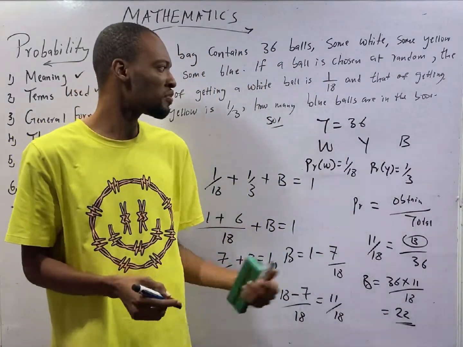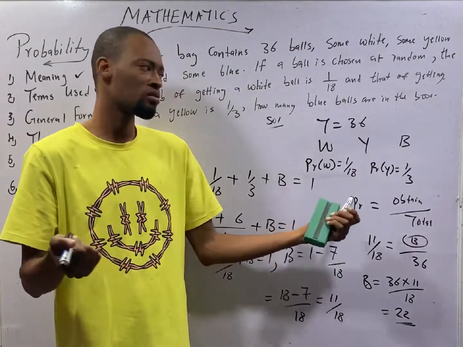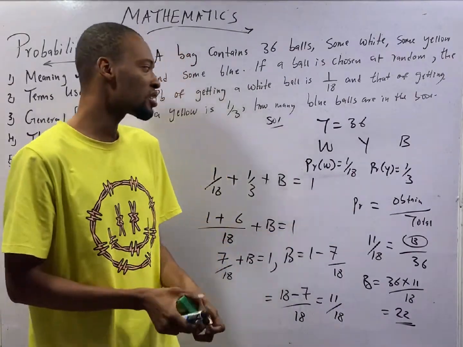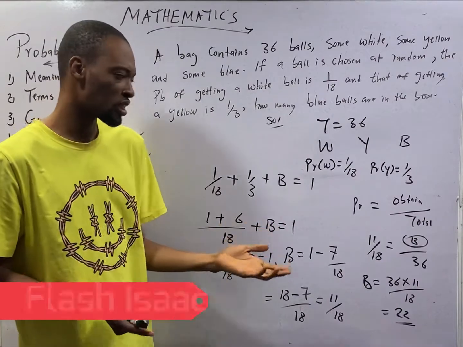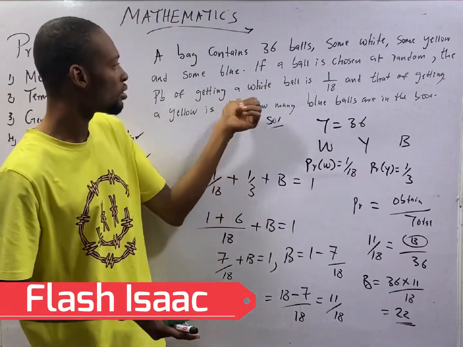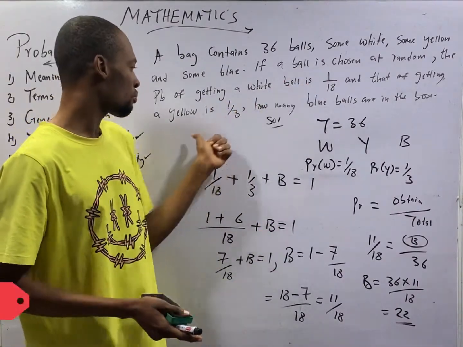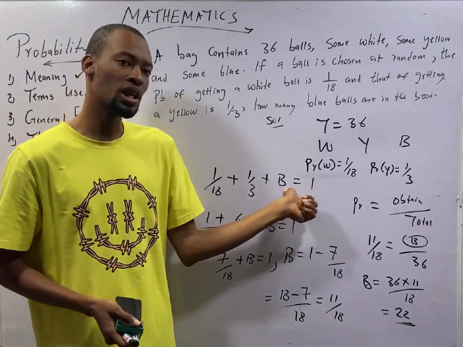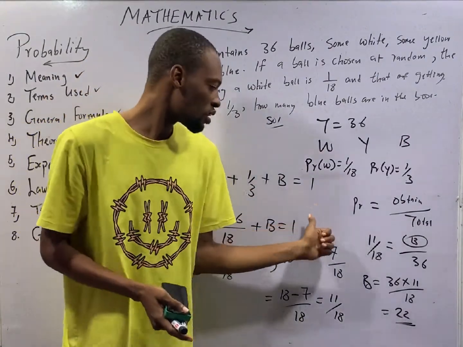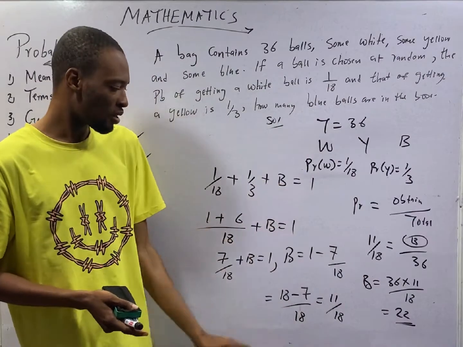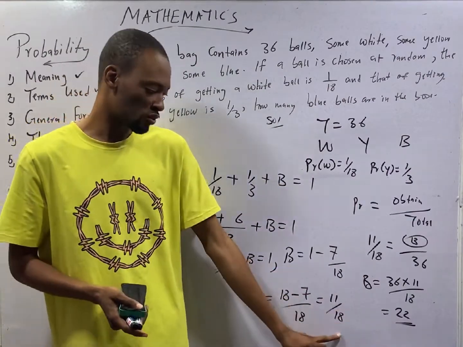So this was not the formula I planned to use before, but it works perfectly. Since total probability is 1, the probability of white plus that of yellow plus that of blue, everything will give us 1. So making blue the subject of the formula, probability of blue is 11 over 18.